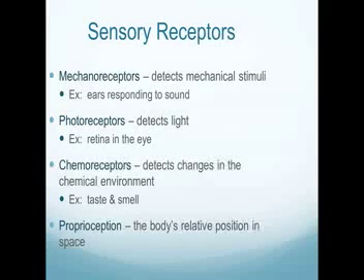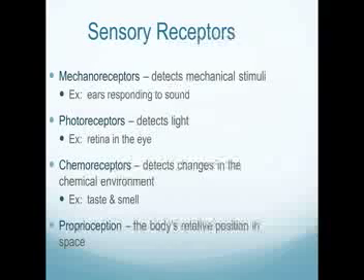We have our photoreceptors. These photoreceptors detect photons of light, and those photons of light are converted into what we know as vision through some specialized cells in the retinal lining. And then we have our chemoreceptors.